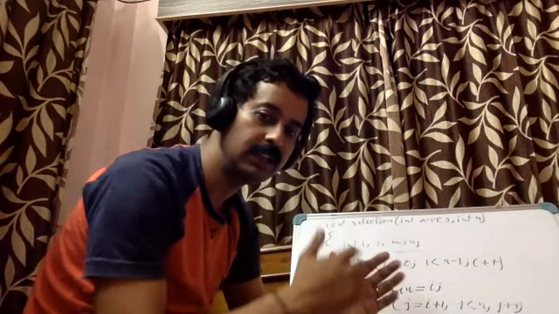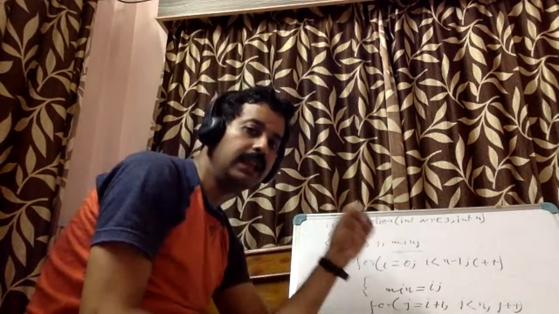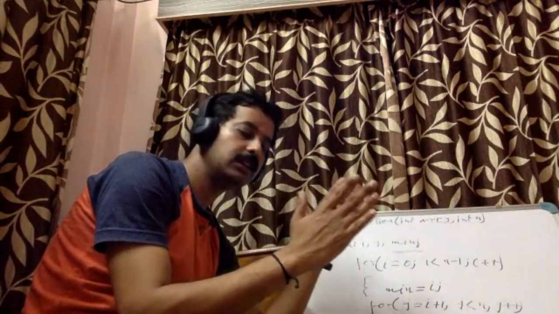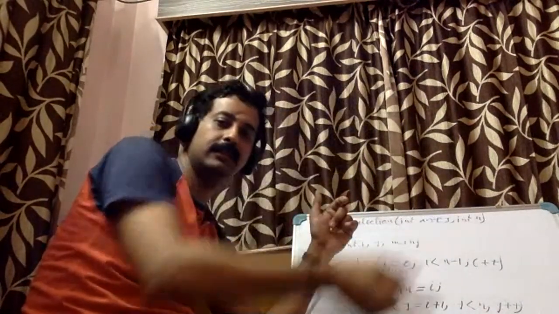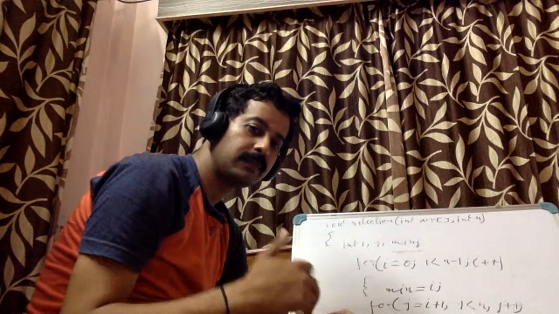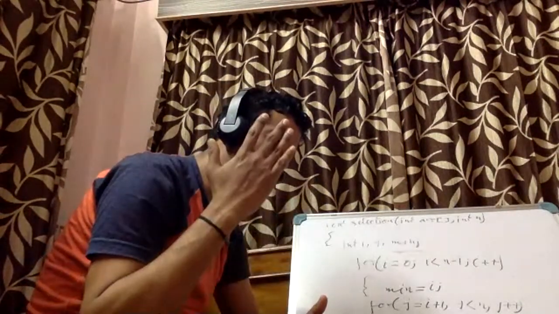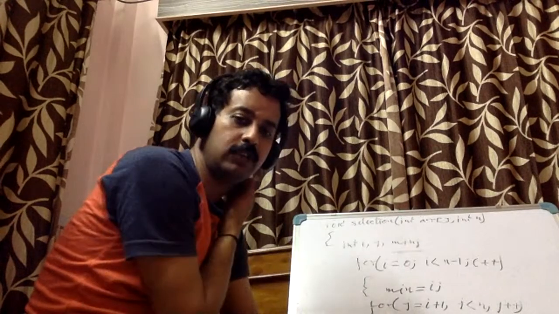Actually, the complexity is represented by order of something. So n is the number of elements present in the array, or the number of iterations happening inside the program. Okay, so I will give a lecture on complexity, especially time complexity, in my next lecture. Okay, so thank you for now.